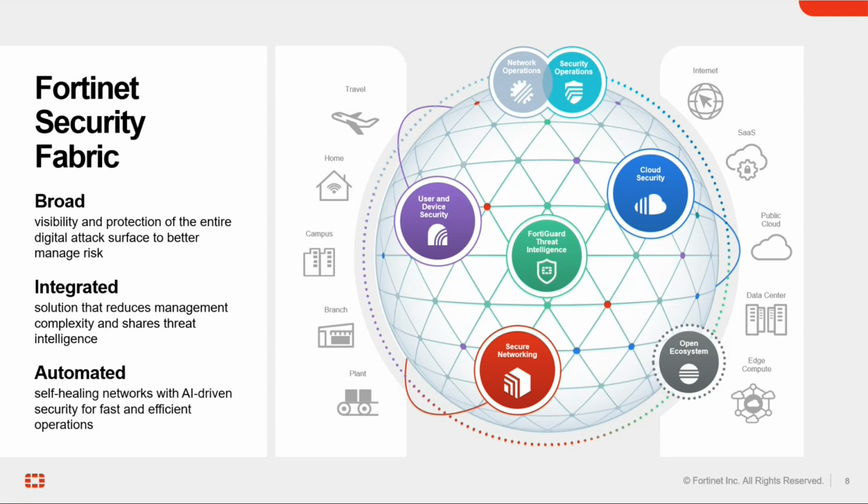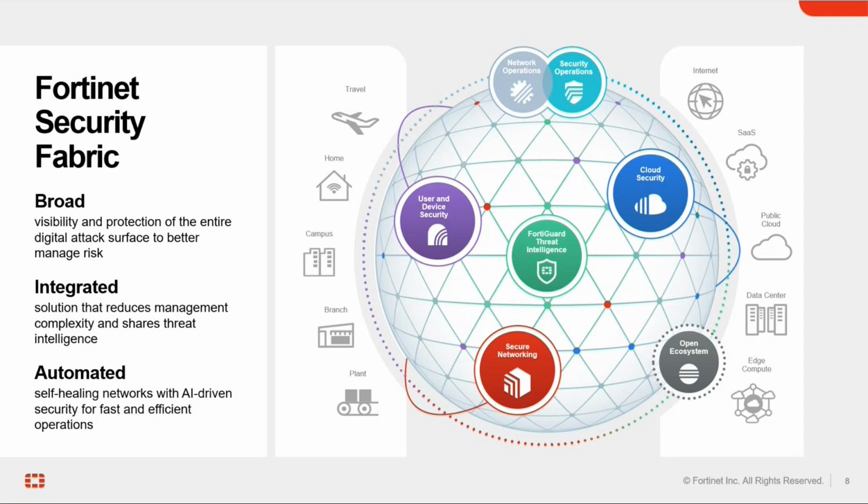So we talk about broad threat landscape, broad visibility of that threat landscape, integrated in the sense that these different components within the security fabric can talk to each other. And the item that we'll be talking about today is secure networking. So in the bottom left-hand side, all that threat intelligence is shared within the secure networking portfolio.